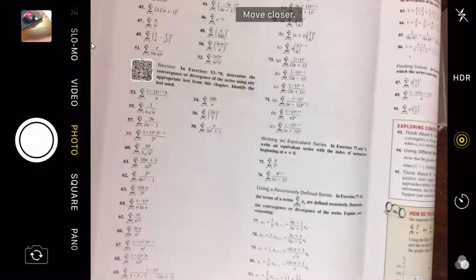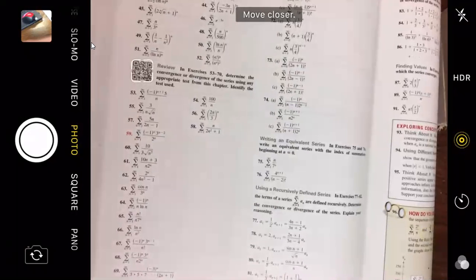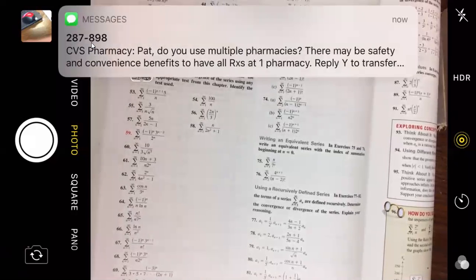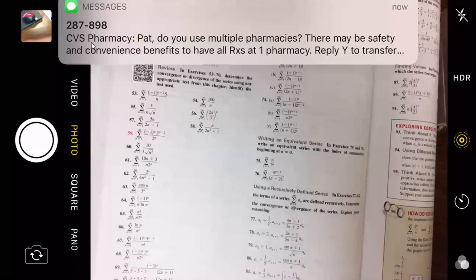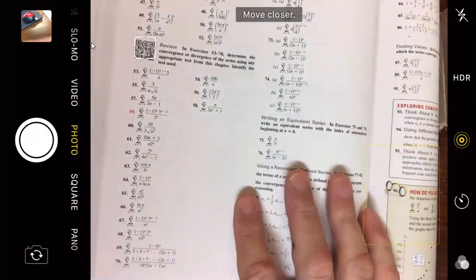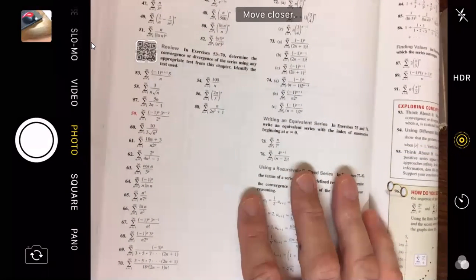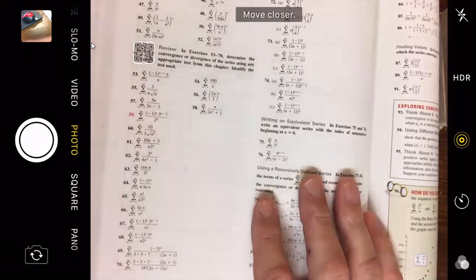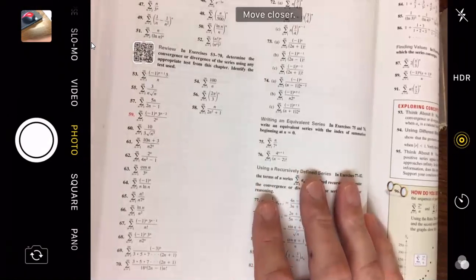Why is that little square on that? Where did that come from? My son would be able to tell, I'm sorry, my at-home technical advisor. Why am I getting these messages? Okay. Anybody want to pick, why is that square following that thing? Anybody have any clue? It's trying to scan the QR code. Is that what's going on? Yeah, because I think that QR code links to the online book.